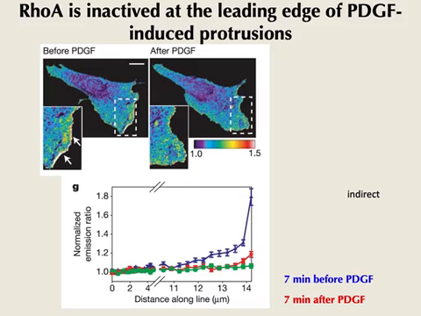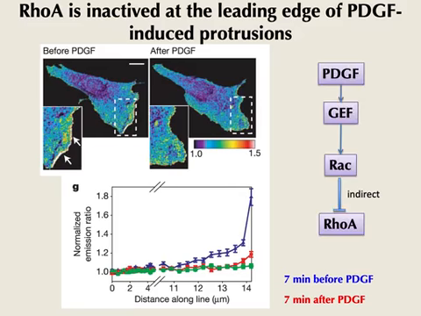So now you start getting some insights into the dynamics because you can watch the activity in live cells. That Rho is almost by default at the very tip, very close to the membrane at the leading edge. But upon treatment, and that's a treatment that's going to stimulate migration, that's going to stimulate protrusive activity, you have a reduction.